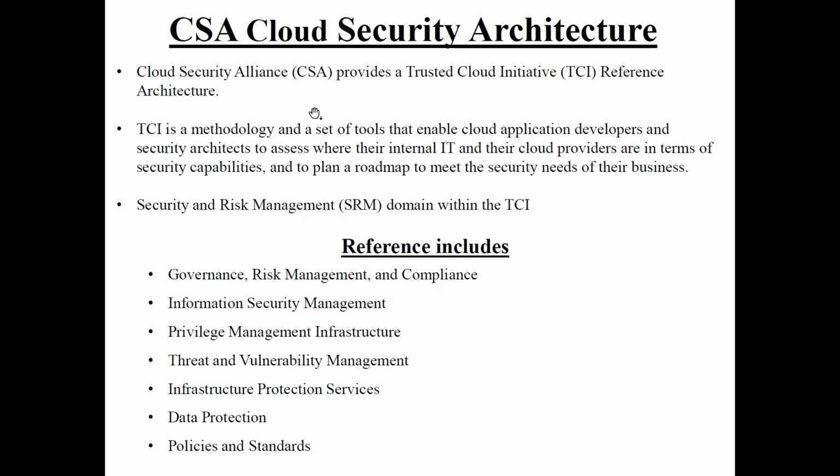This TCI architecture has 7 subdomains: governance, risk management and compliance; information security and management; privilege management infrastructure; threat and vulnerability management; infrastructure protection service; data protection; and policies and standards.